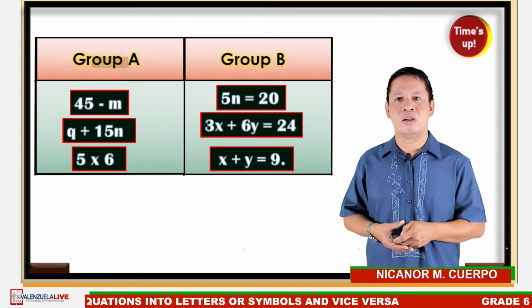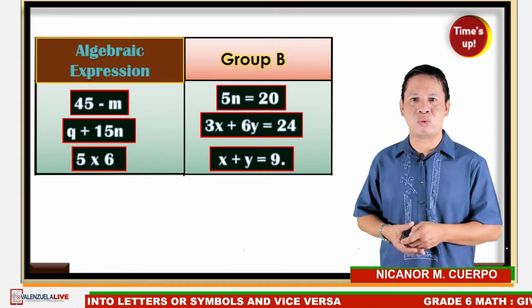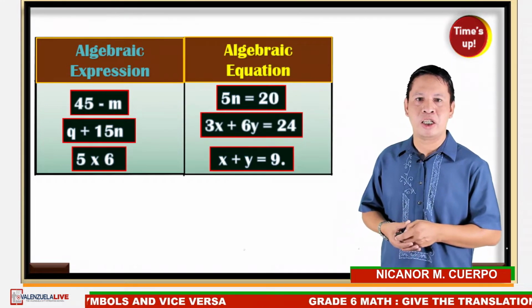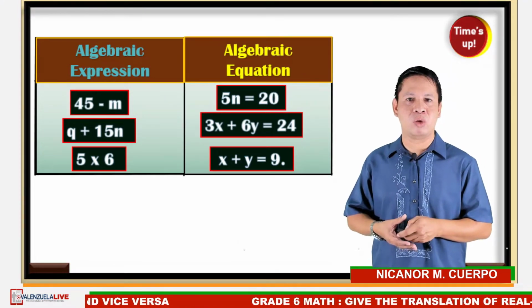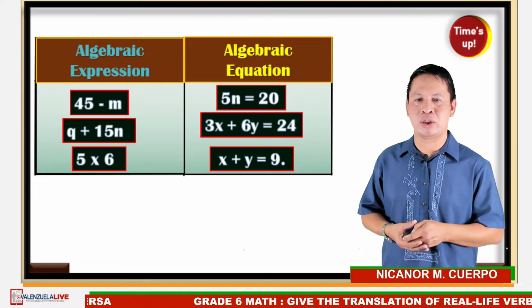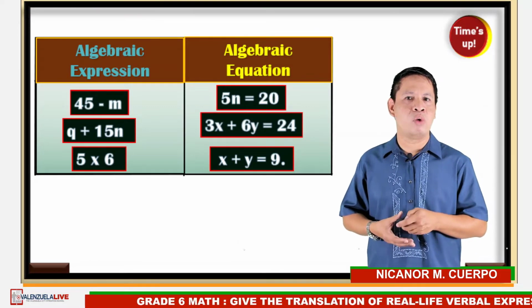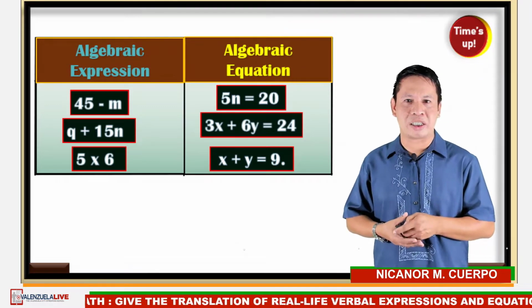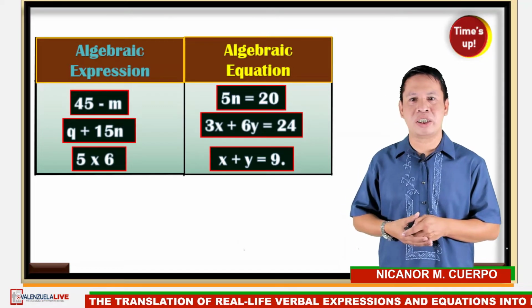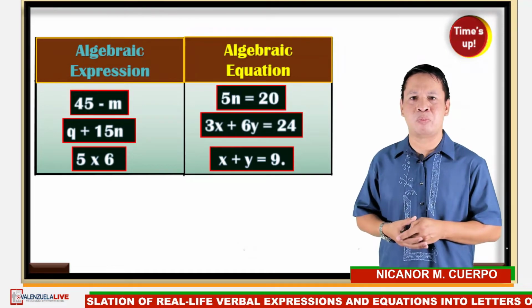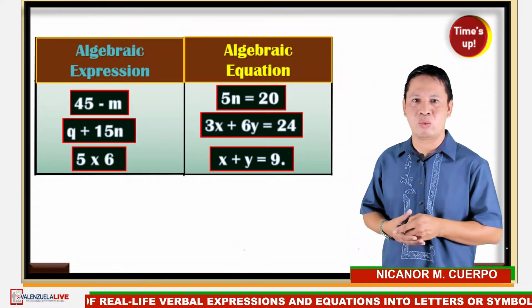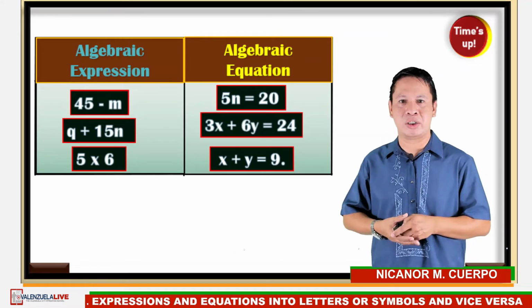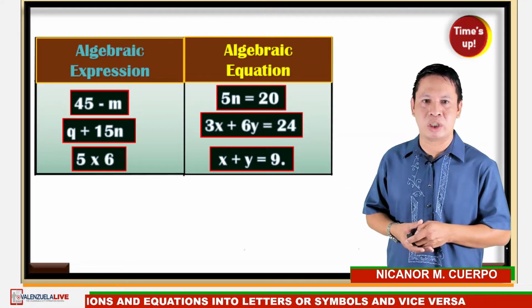Now, group A is what we call the algebraic expression, while group B is what we call the algebraic equation. Now, what did you observe? Correct. The presence of equal sign. So in algebraic expression, there is no equal sign, while in algebraic equation, there are equal signs.